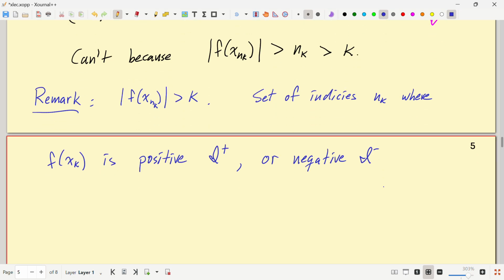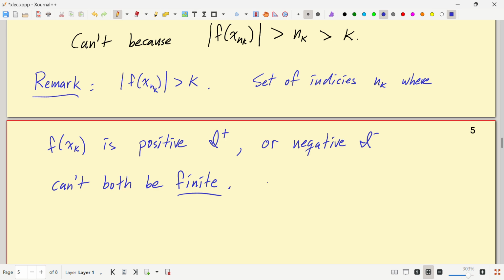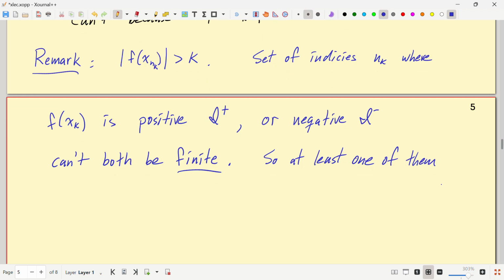They can't both be finite. So at least one of them is infinite, maybe both of them are infinite, but at least one of them is.